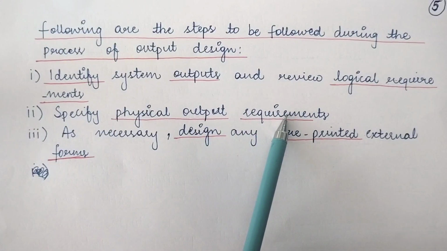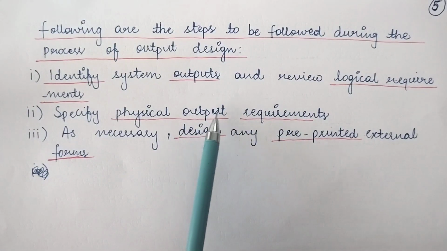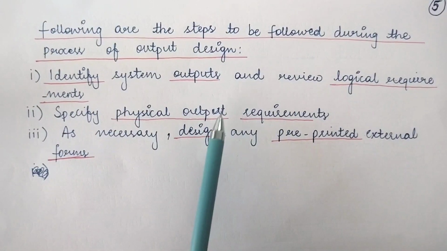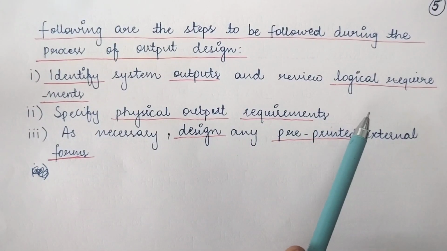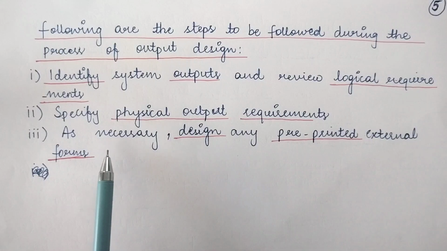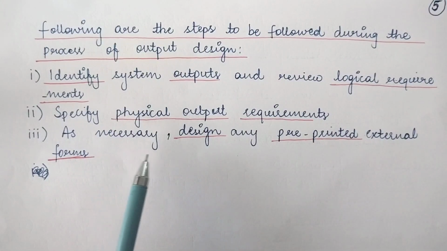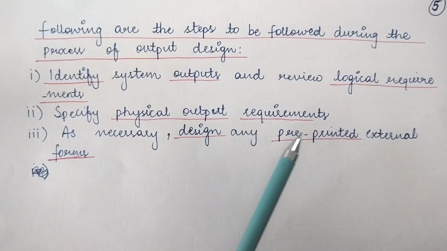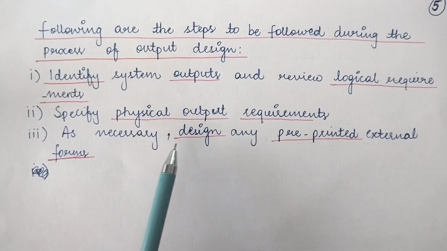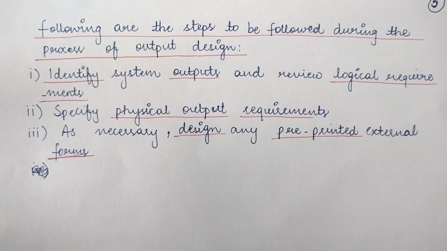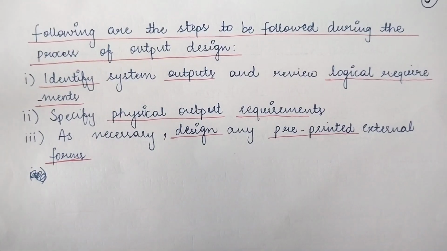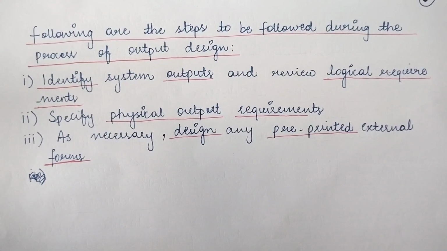What are the physical output requirements? That is how physically the output will be made available, in what particular format, and all such things. And then last, as necessary, design any pre-printed external forms. If there are any pre-printed external forms that are required, they must be designed. So this is all about your report design.